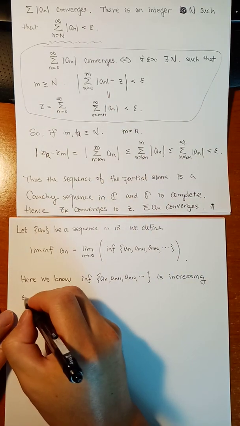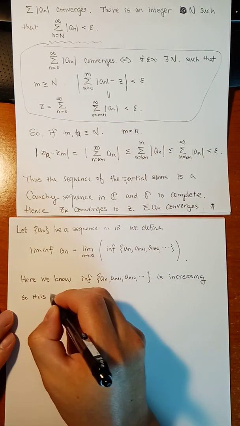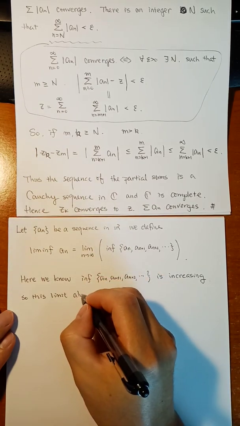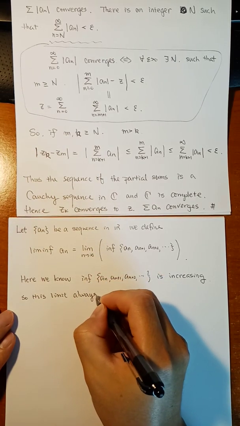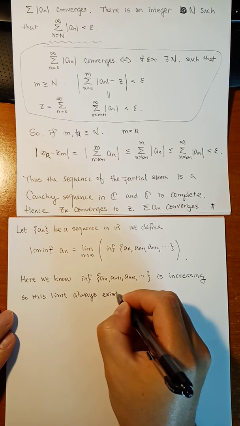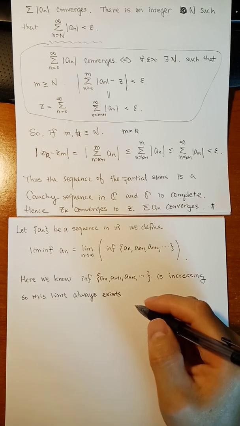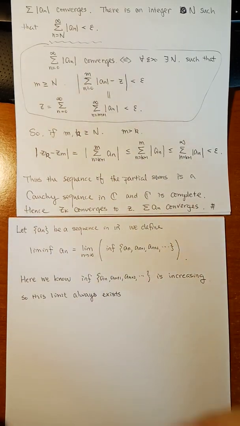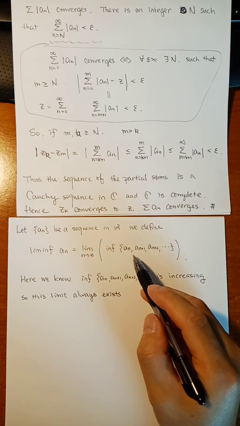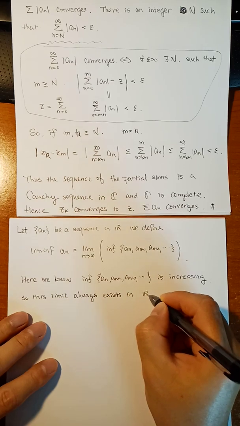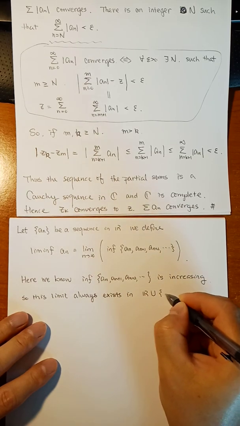So this limit always exists. Always exists including infinity and negative infinity.